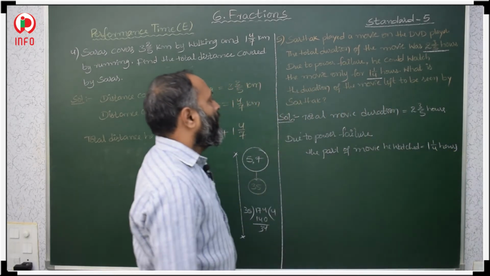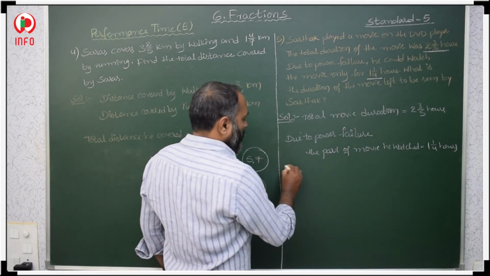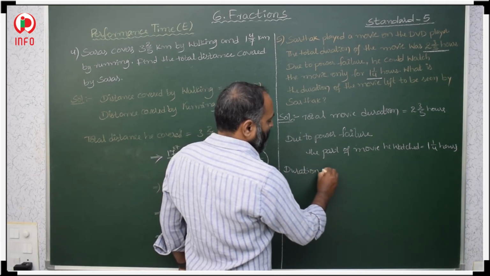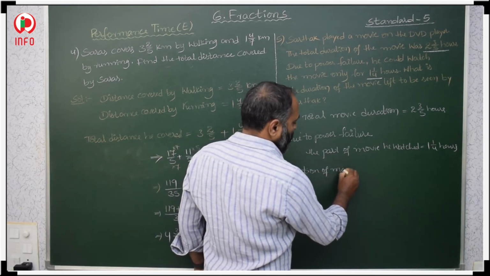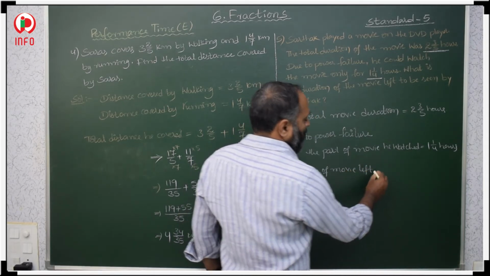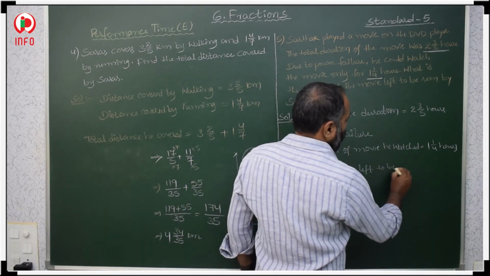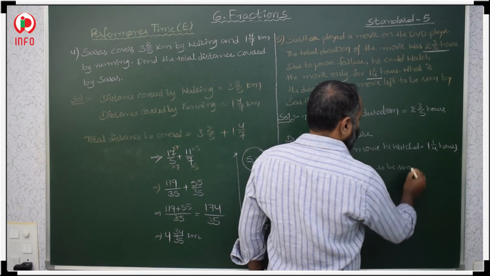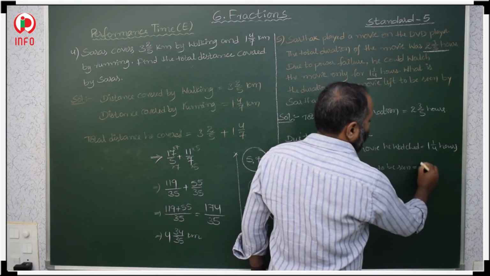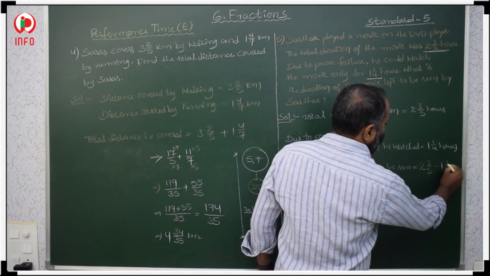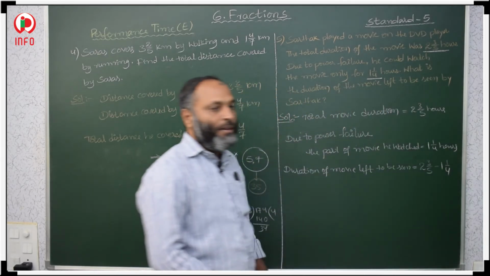Then the duration of the movie left to be seen is equal to the total duration 2 3/5 minus how much he saw, 1/4.